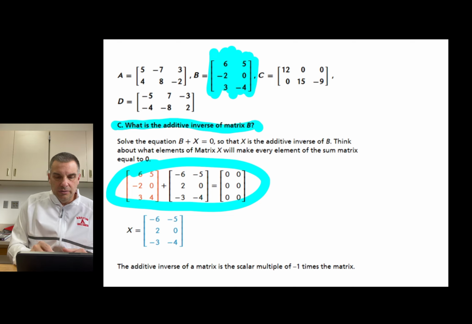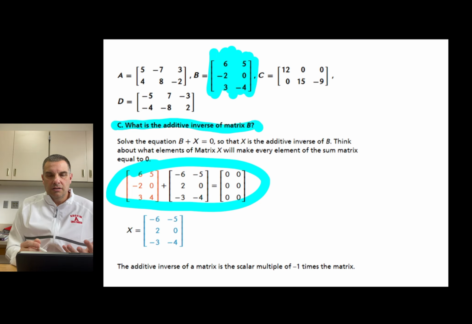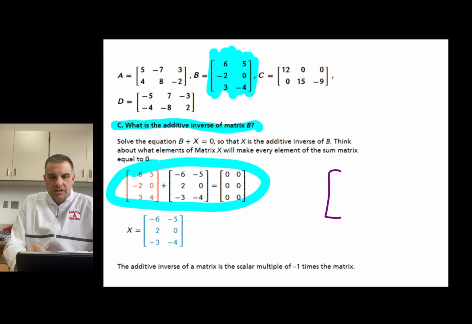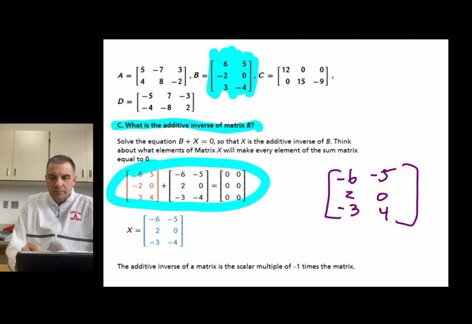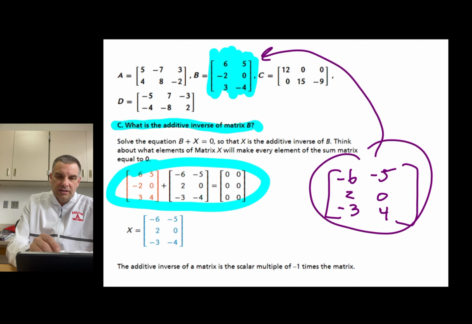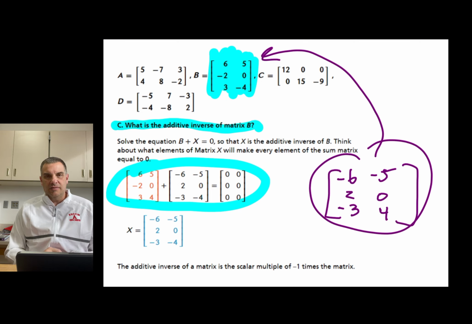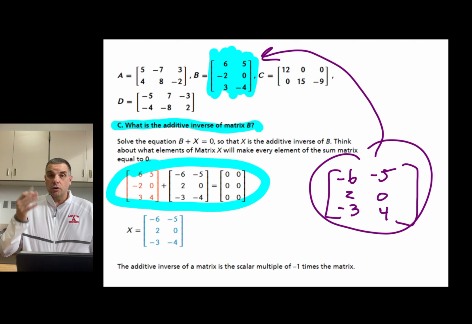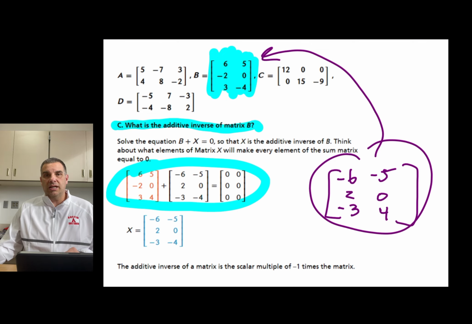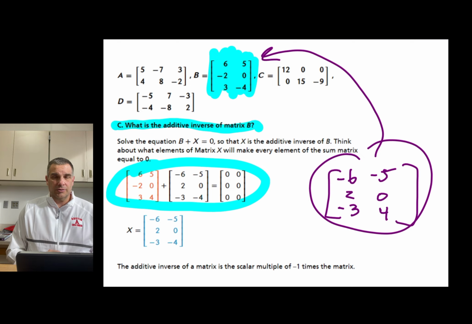All you have to do is change the signs of each of the elements in the matrix. So 6 becomes negative 6, negative 2 becomes 2, 3 becomes negative 3, 5 becomes negative 5, 0 stays 0, negative 4 becomes 4. So these two are additive inverses of each other. You're essentially taking your matrix and multiplying it by negative 1, and that's an additive inverse.